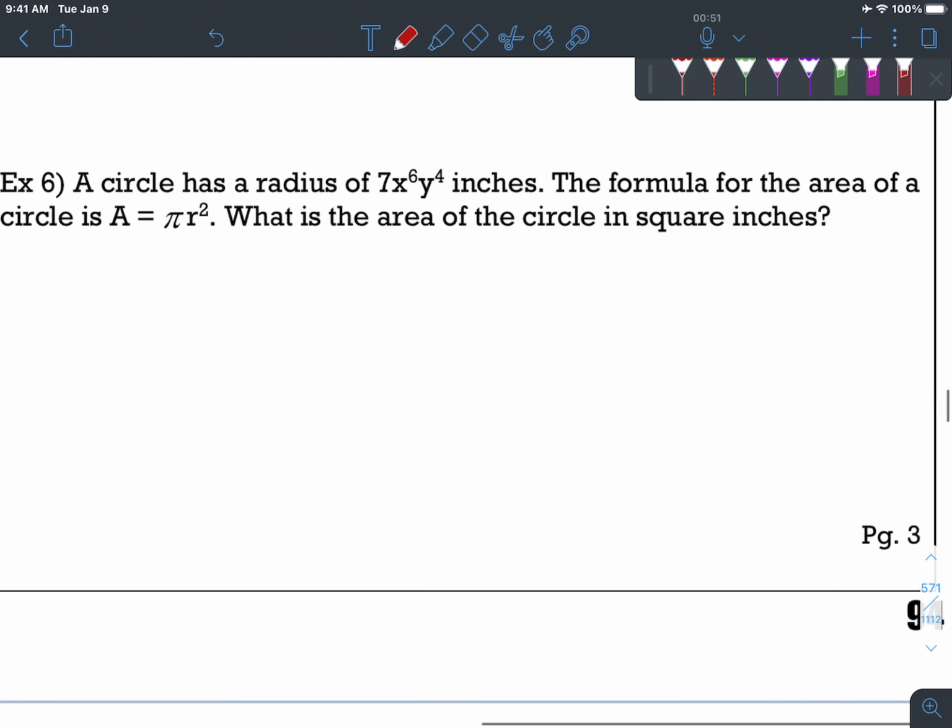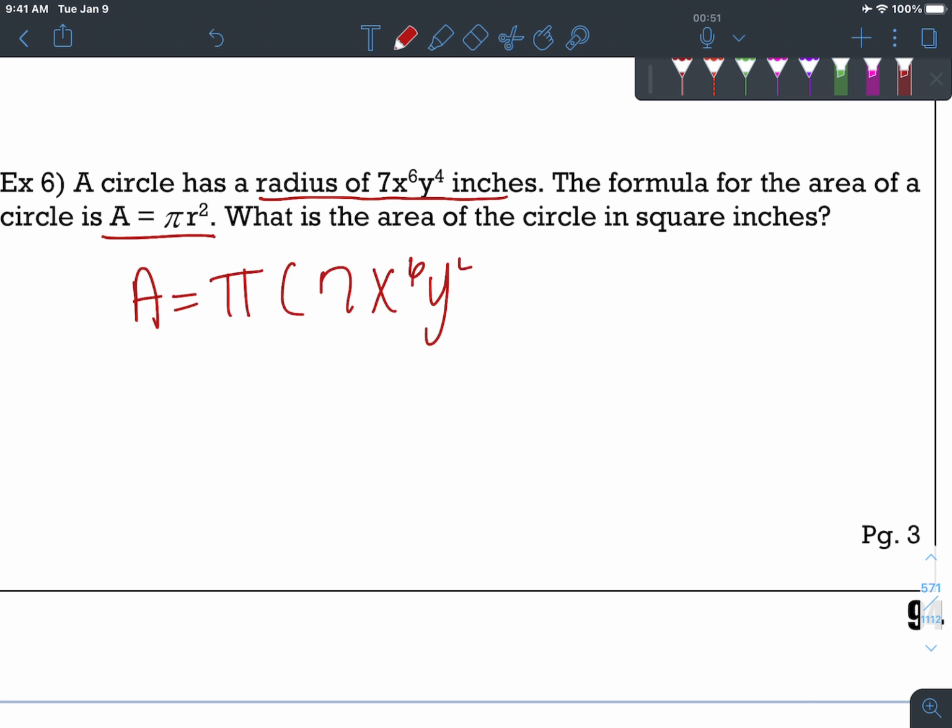All right, here's one of those crazy problems involving area. They're asking me to figure out the area. They told me a radius, they told me a formula. Let's plug it in. Because this one is on the outside, we're going to do that kind of weird distribution.